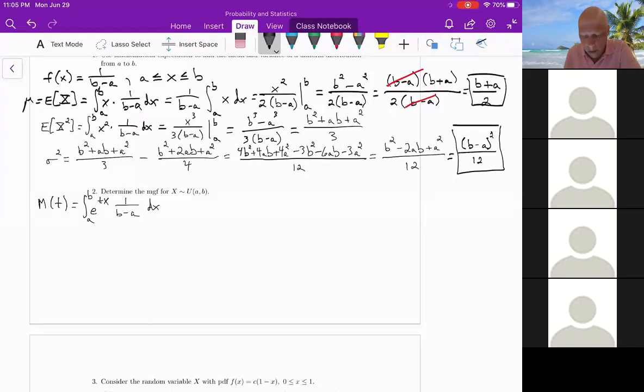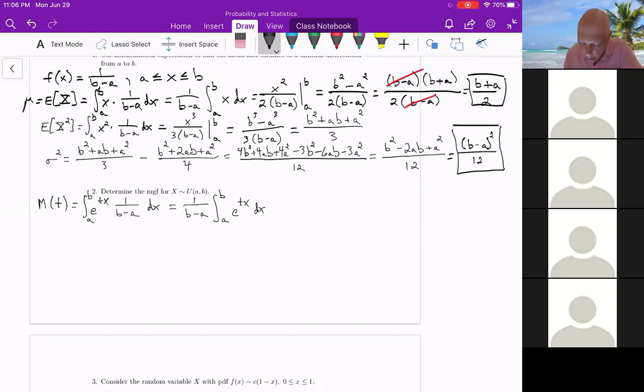The 1 over b minus a, again, is constant with respect to x, so I'm going to pull that out. And now we just want to integrate an exponential, which we did last handout. And so we're doing the same thing here. This is integrating with respect to x.